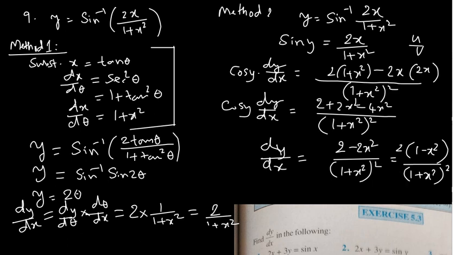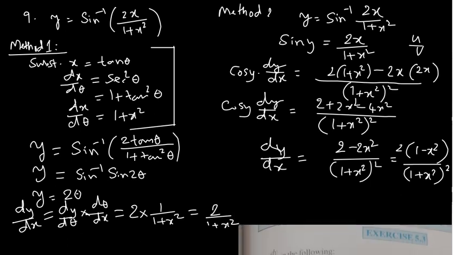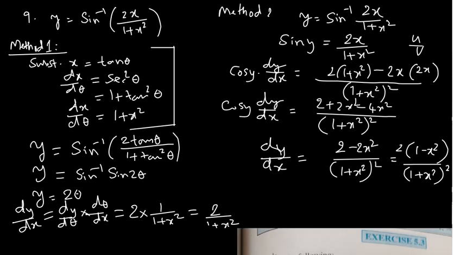Now there is a small thing we have to do. When we have sin y equal to 2x by 1 plus x square, we have to draw a triangle to represent this. So we draw a right angle triangle and write this angle as y.